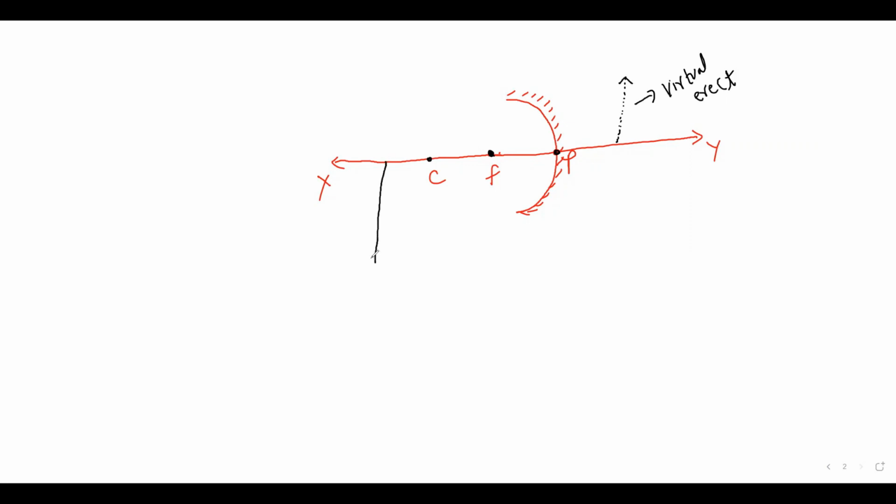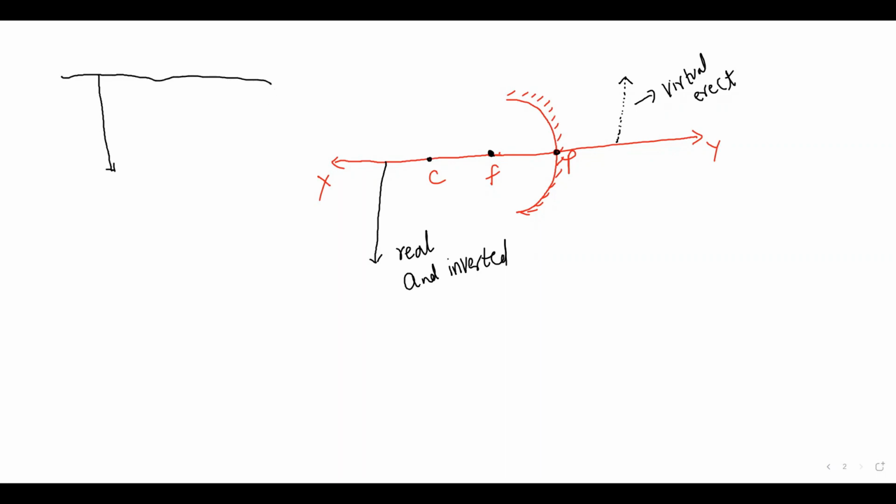Real and inverted images are formed below the axis. These type of images are called real and inverted. Real images are denoted by solid line. Inverted images are always lying below the principal axis.